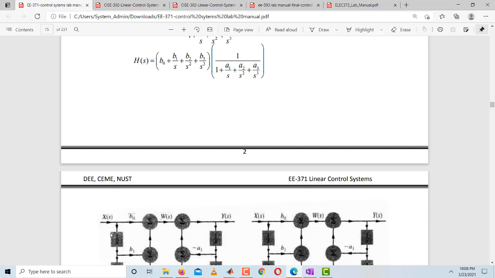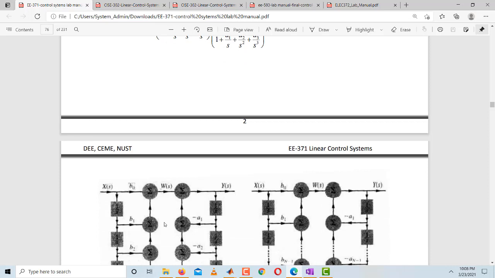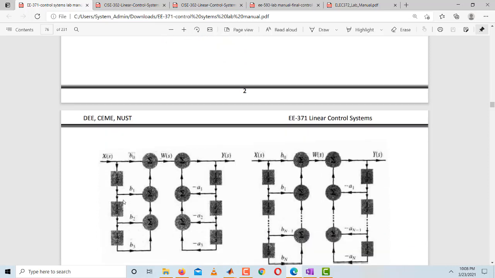It means that after passing it through a block of integrator, this is 1 by s, the delay block or the integrator, it is multiplied with a coefficient b1 and added with the previous result. So b naught plus b1 by s is made here at this point. Keep on doing this further for the terms b2 and b3, and this will result in the numerator terms being implemented.